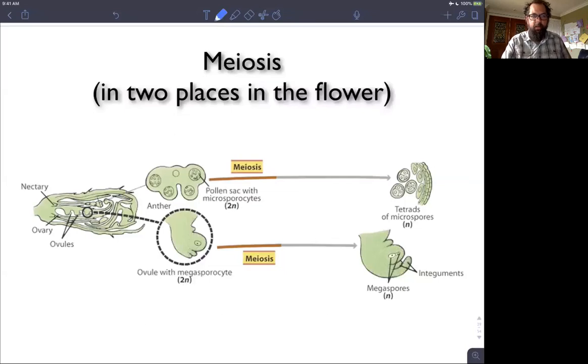Meiosis is going to occur inside those sporangia in the pollen sacs, so in the anthers, and then it's going to occur inside of the developing ovule, inside the ovary of the flower. So both meioses are happening inside the flower. The majority of the flower is sporophyte tissue, and it's inside of the anther sac and inside of the ovule, inside of the ovary, where meiosis is actually occurring.